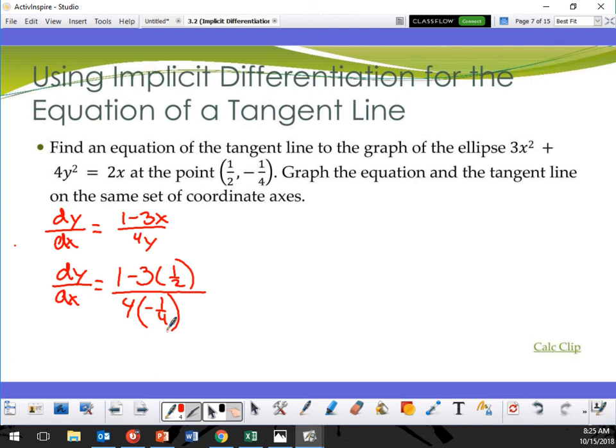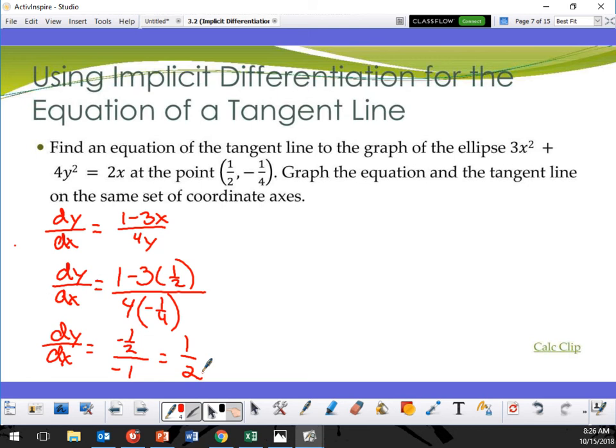Negative 3/2 plus 1. So it's negative 1/2. So I get negative 1/2 over negative 1. So I'm going to come up with just a positive 1/2, right? Two negatives make a positive. So now there's my slope, the slope of the line at that point.